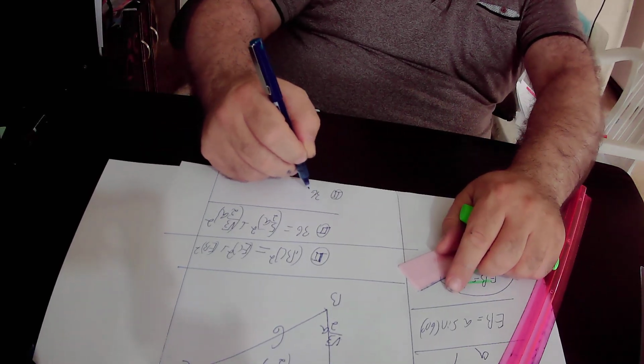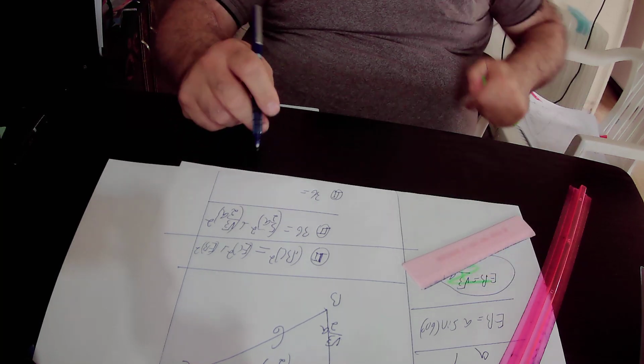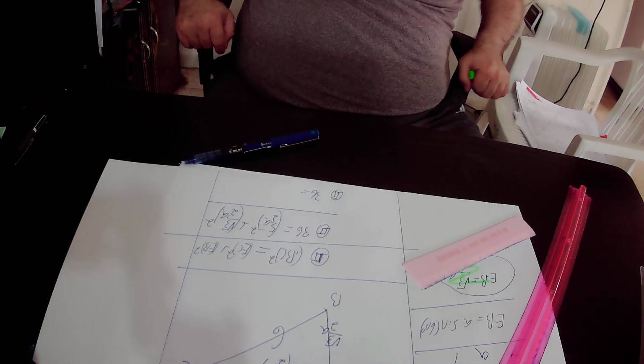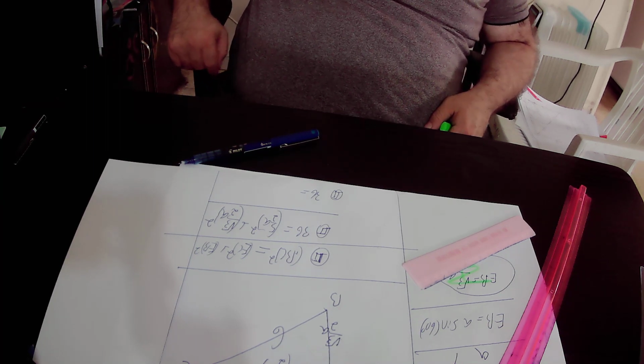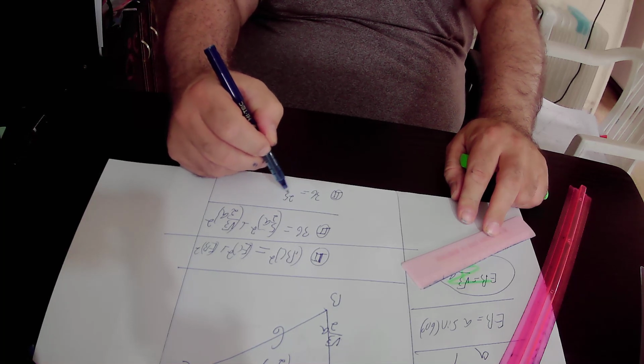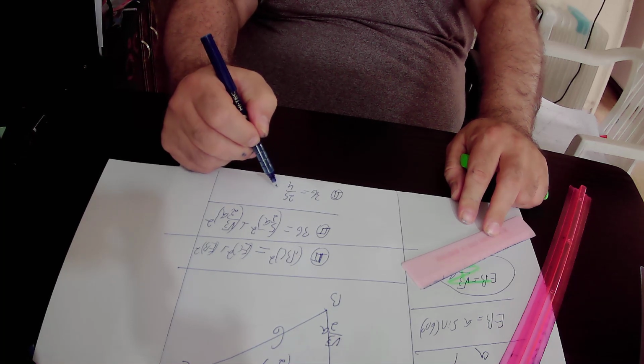36 equals 5 over 2 squared is 5 squared, that is 25, over 2 squared, that is 4, times A squared.